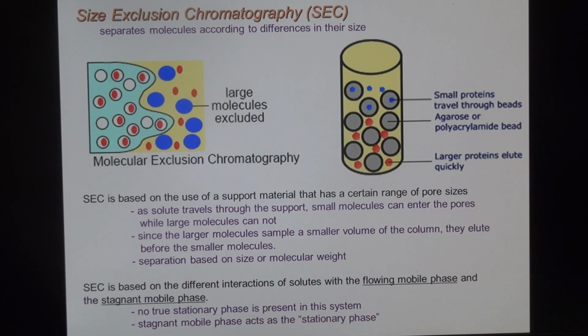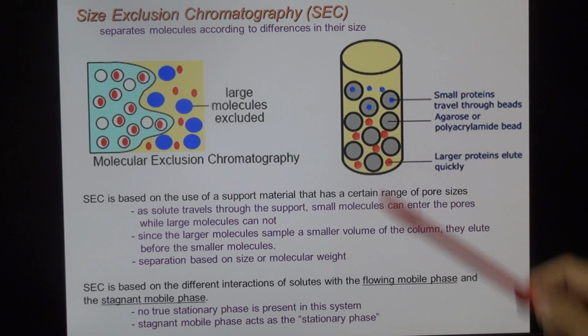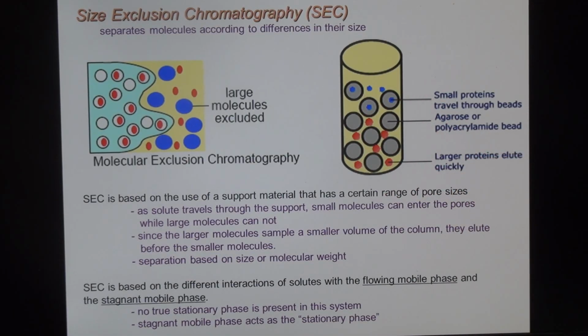So large molecules flow through the column much faster than small molecules. Small molecules are more retained by these packing materials with small pores. So they separate based on size or molecular weight.